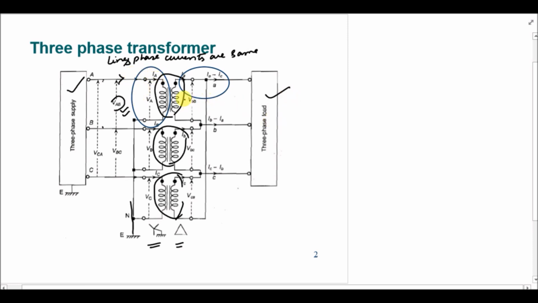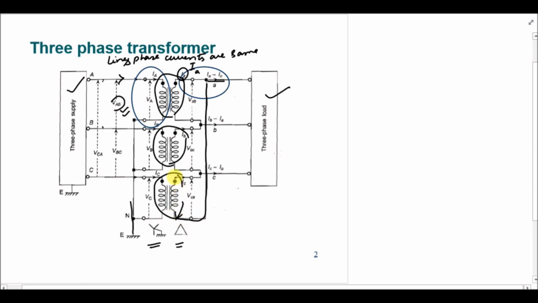So the line and the phase current are the same in the Y connection. But as we move towards the secondary of the transformer, the phase current is Ia, but the line current is Ia minus Ic, because we have one current that is moving through this wire.